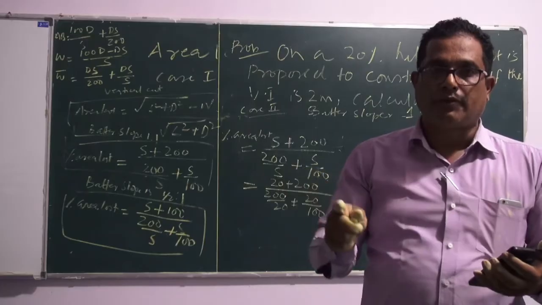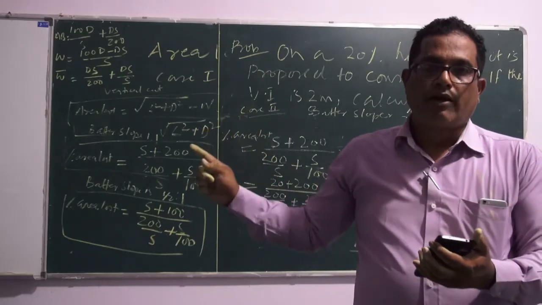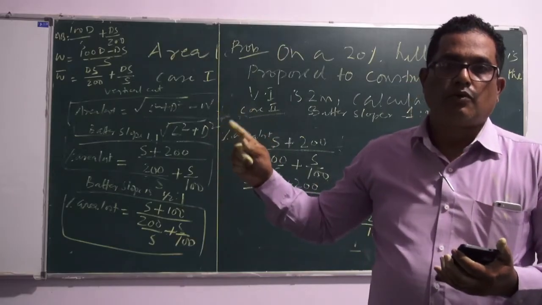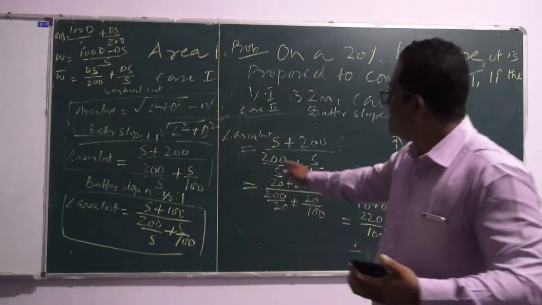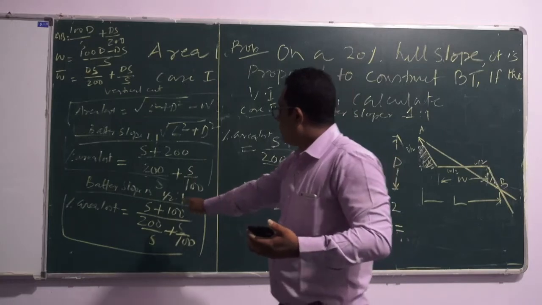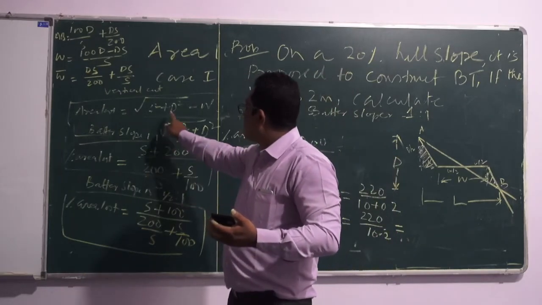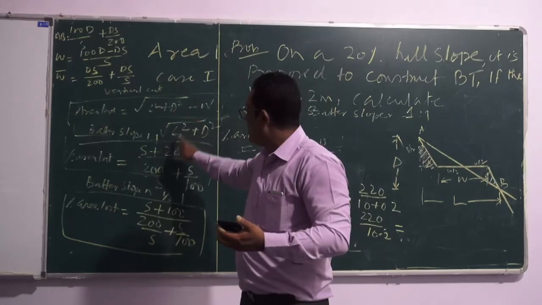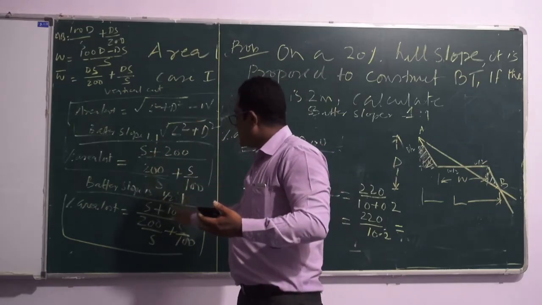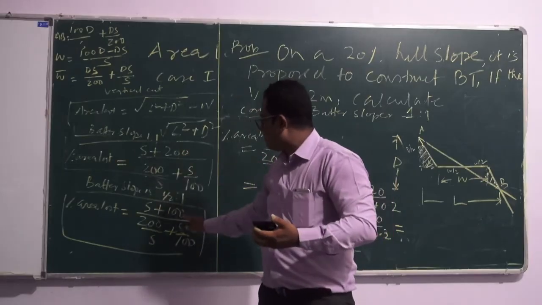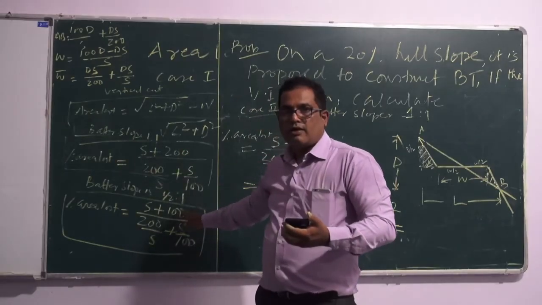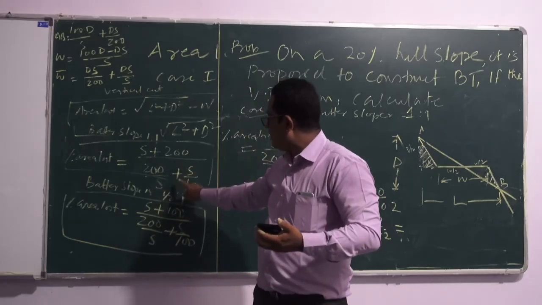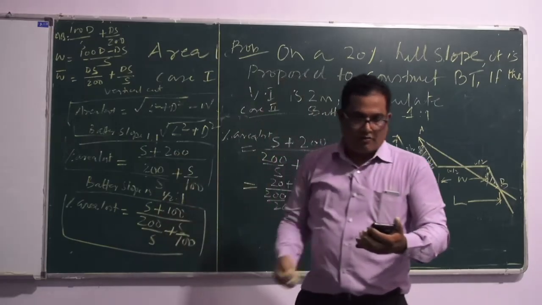There is a generalized equation, through which you can find D for batter slope 1/2:1, that is 200 times W by 200 minus S. For area loss, the derivation is again easy. But this one you should know. Once you know this one, you can also find the other, because these two are very similar. This is 200, this is 100 for 1/2:1.